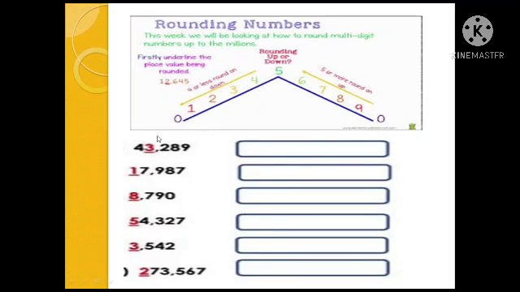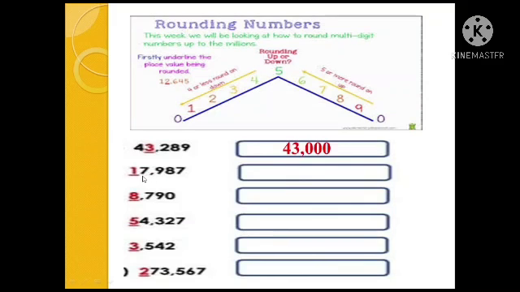So we have to round down. The answer will become 43,000. So nearest 1000 is 43,000. This is the place value of 1000. So 3289, nearest 1000 is 3000. So 43,000.